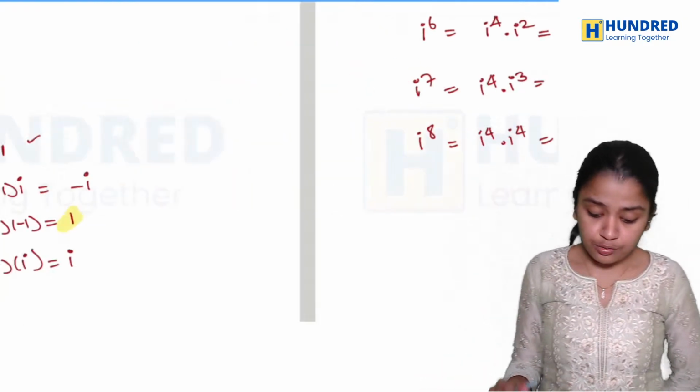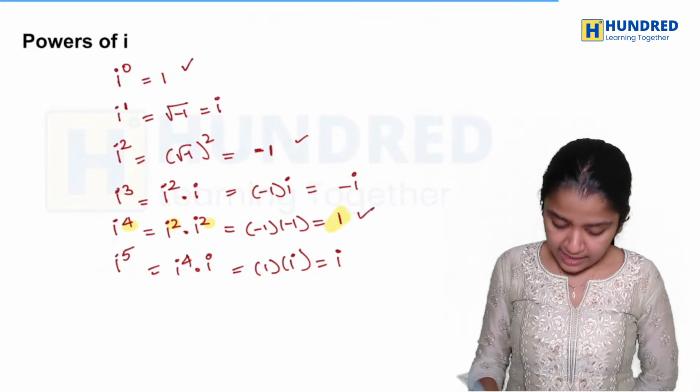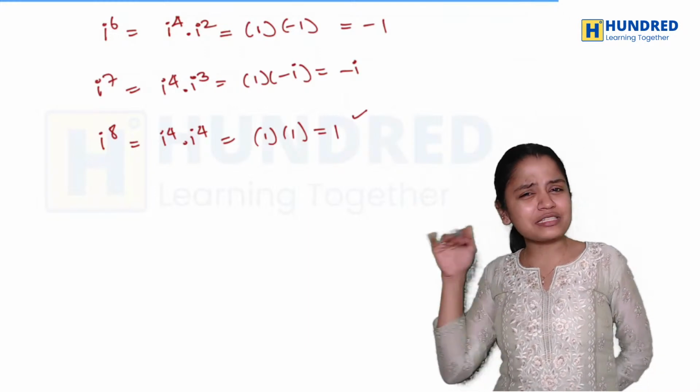So you see your i power 0, i power 4 and i power 8 are all 1. So you have a sequence, right?